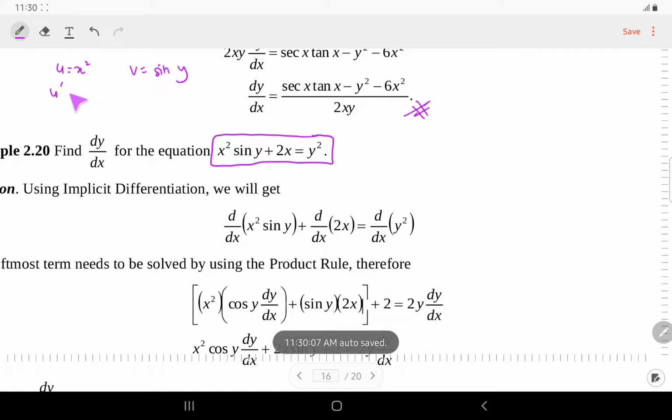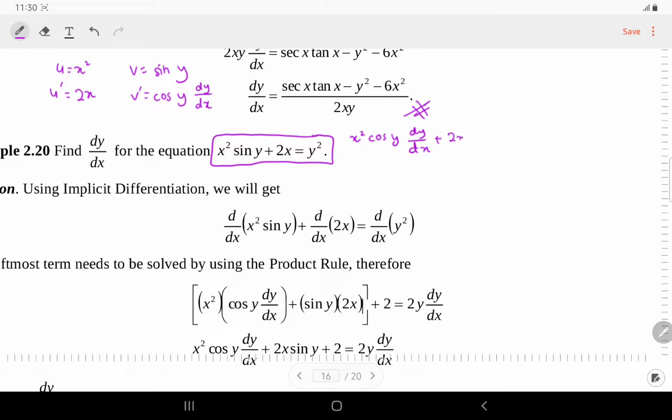Then u prime equals 2x, and v prime: sine y differentiated becomes cos y, and don't forget to put the term dy over dx because we are differentiating the term of y. Then by the product rule, uv prime is x squared cos y dy over dx, plus vu prime, which is 2x sine y.